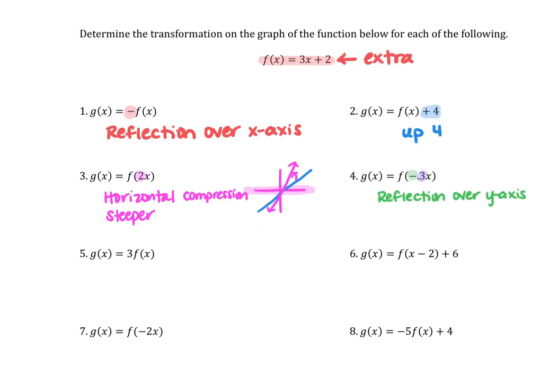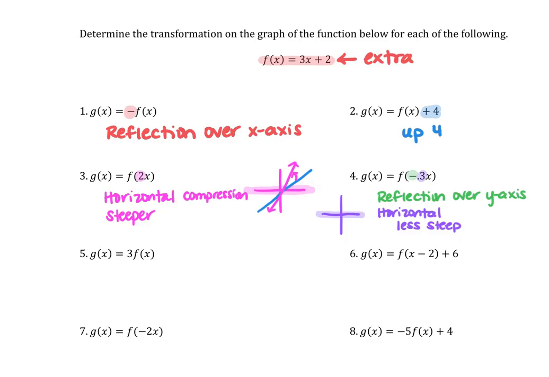Now the 0.3, since it's sandwiched between the F and the X, I know it is a horizontal change. And since it's less than 1, it's between 0 and 1, this is an example of less steep. Well, again, I can make like a rough little picture. My horizontal axis is right here.